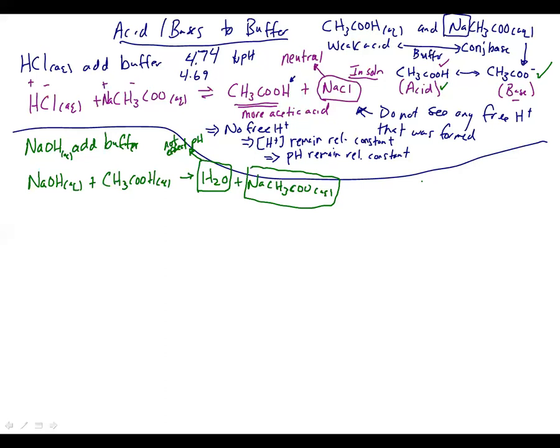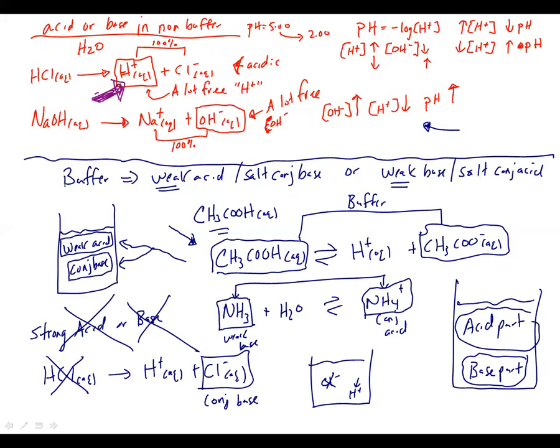You use a little bit of one part and you make a little bit of the other part. So that, because it was part of the original buffer, is not going to have a drastic effect on the pH. Again, just like the last one on top, if we look back to when we added the sodium hydroxide to water, the one thing that is missing on the right-hand side when we did it to the buffer is we did not produce a lot of free OH minus in this case.